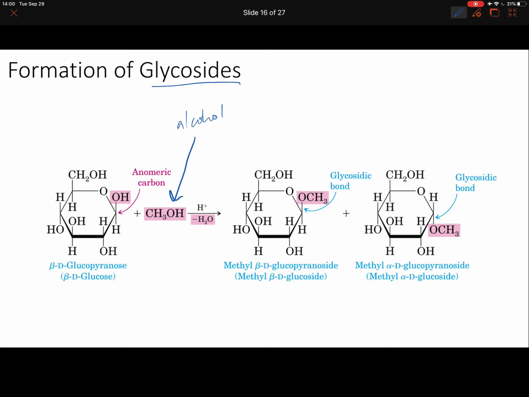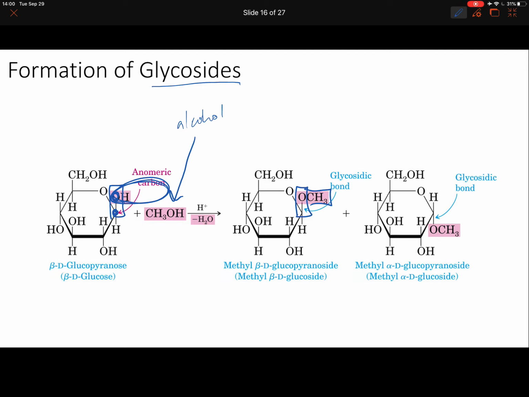What they've done here is essentially added a methyl group to this hydroxyl, because it's still a carbon and an oxygen, but now it's an oxygen with a methyl on it.